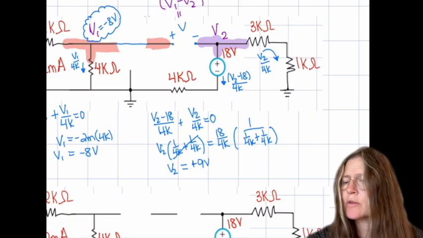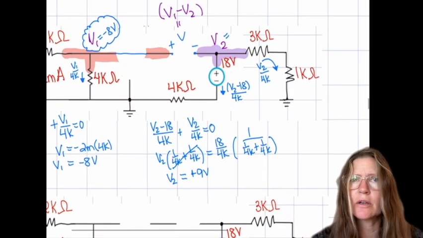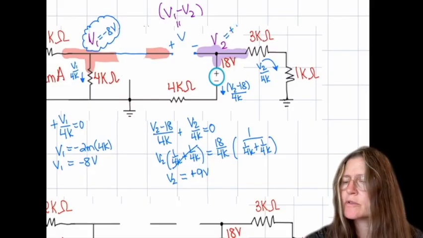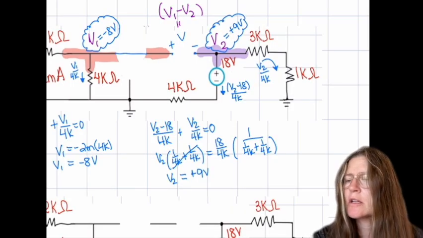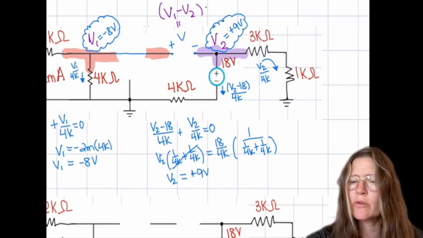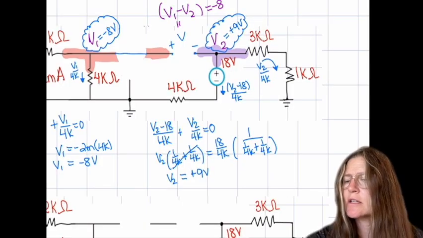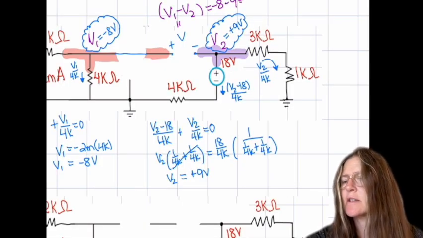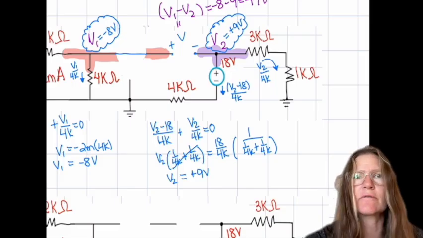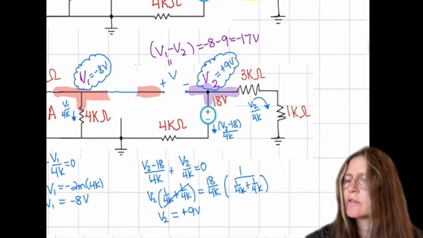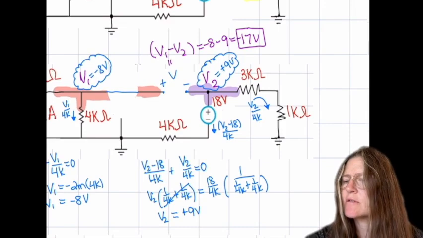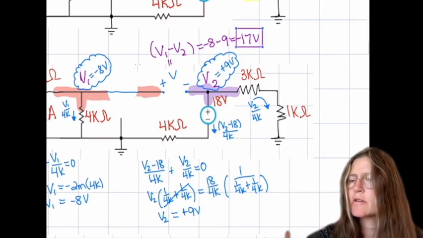So this value here is going to be plus 9 volts. And then V, which is minus 8 minus 9, is going to be minus 17 volts.